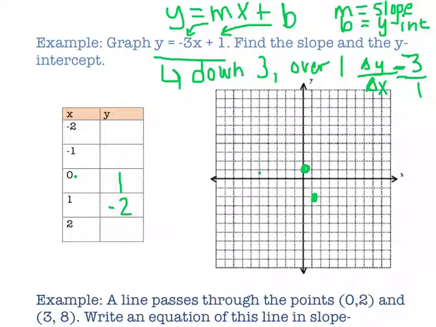But what I can do now, I have 2 points, and that's really all I need in order to make a line. Let me fix that.